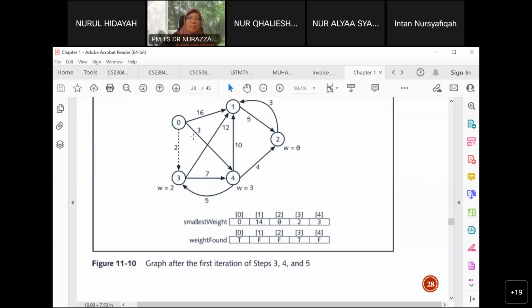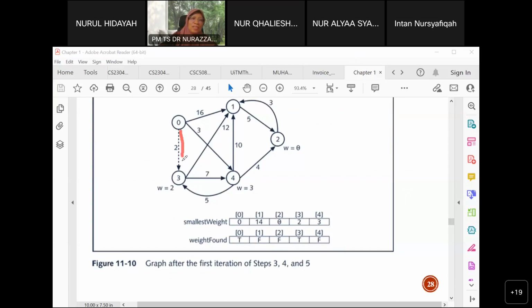Okay, ini yang first step tadi. Kemudian selepas step 3, 4 and 5 tadi, daripada yang tadi kan, yang smallest weight tadi ialah 0 3 kan, 0 ke 3 sini. That means you tengok ni daripada 0 ke 3, sebab tu dia dotted line kan kat sini.